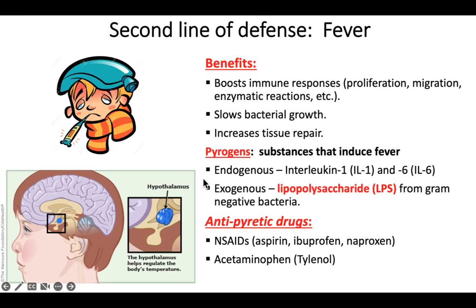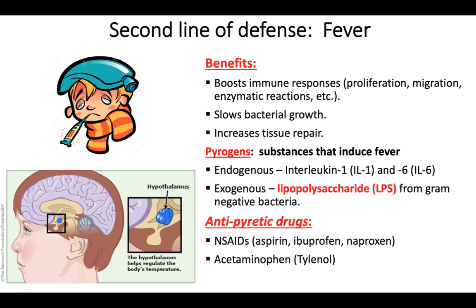Once you know that, you can target some of these molecules. You can use NSAIDs, again, as antipyretics, or you could use something like Tylenol or acetaminophen. So Tylenol is not a true NSAID. One reason is, if you noticed on the previous slide, it doesn't cause a reduction in inflammation. So it's not anti-inflammatory, but it is antipyretic.